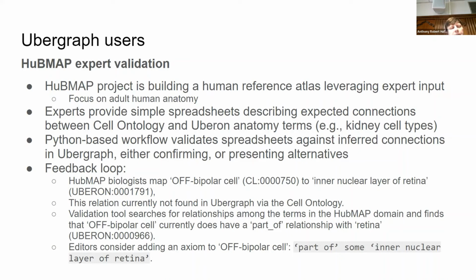And so the workflow validates these against Ubergraph. Does this relationship exist, or is it asserted or inferred? And if it doesn't exist, for the term they're asking about, what is it part of, or what does it overlap? And so they have this kind of feedback loop workflow that they've implemented. And I think Ubergraph made that much quicker to implement than it would have been otherwise.